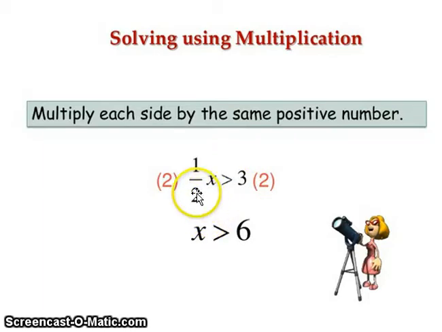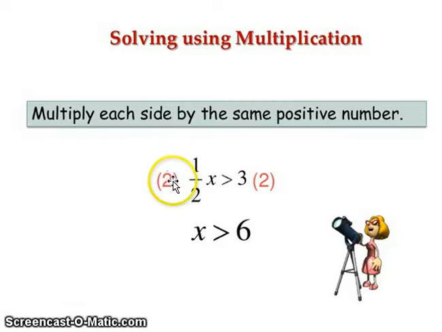So what we want to do here is do the inverse to get rid of this 2. So to get rid of this divide by 2, the opposite or inverse operation of that is to multiply. So multiplication and division are inverse operations of each other, just like subtraction and addition are inverse operations of each other.